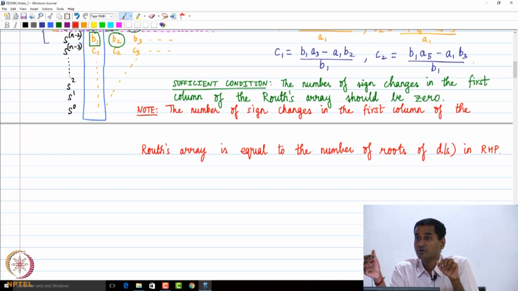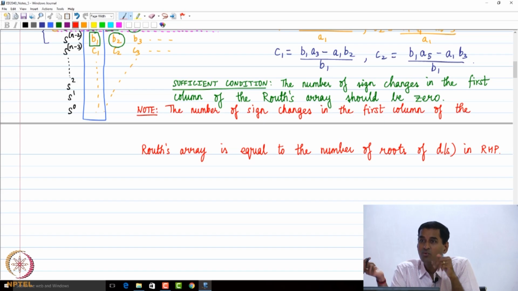So will it contain roots that are j omega? Good question, good point, I am coming to it. If you have sign changes, then you count the number of such sign changes, and that number is going to be equal to the number of roots in the right half of the complex plane. Now he asked a very pertinent question. I can have polynomials which have roots on the j omega axis.